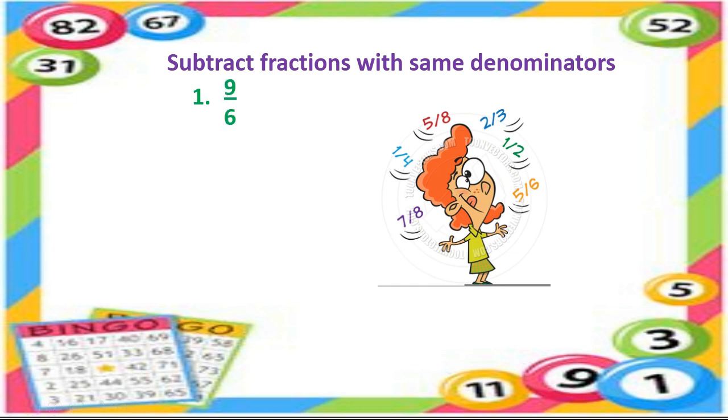We have to subtract 9 upon 6 with 5 upon 6. So we have to subtract these two same denominators fraction. Here you can see that the denominators of both the fractions are 6. It's very easy to solve or subtract these kind of fraction. So let's begin the solution.